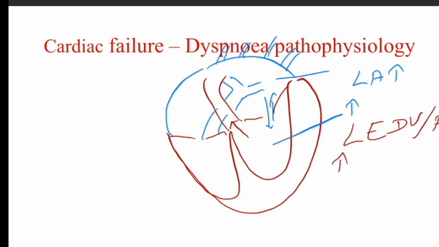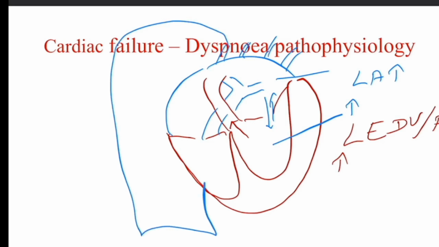There are four pulmonary veins which are connected to the lungs, or the blood from the lung is received into the left atrium through the pulmonary venous system, or the pulmonary veins. So when the pulmonary venous pressure increases, what happens?